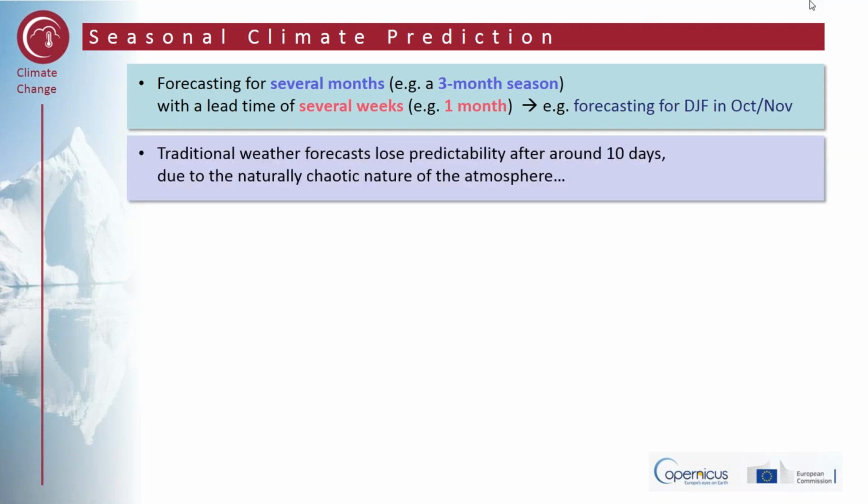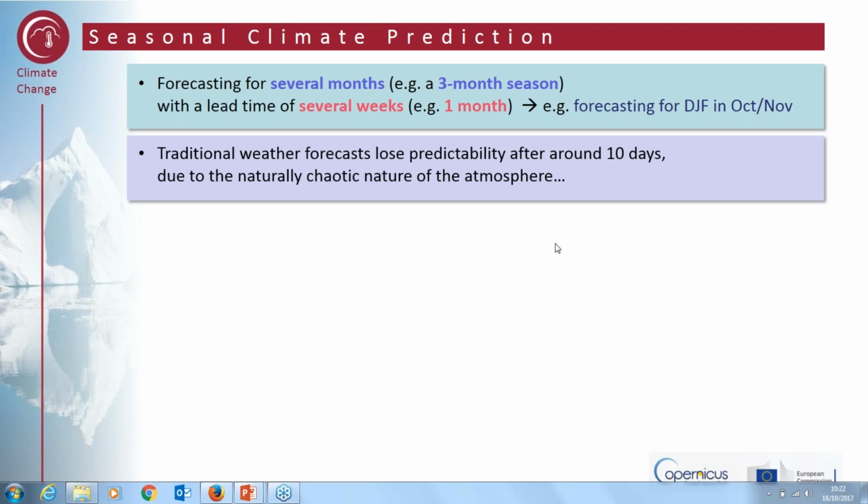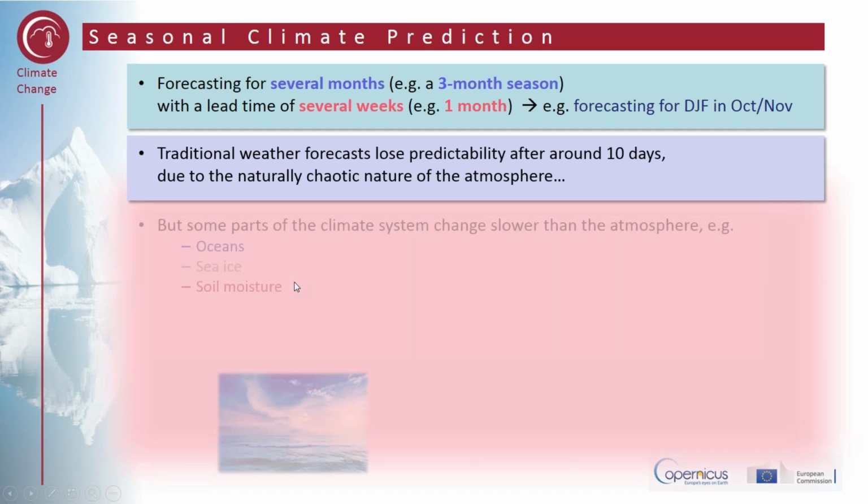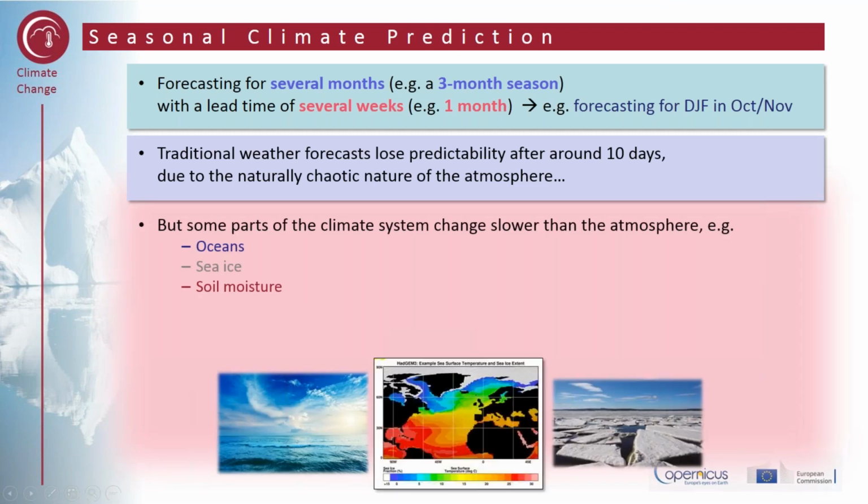So obviously traditional weather forecasts lose their predictability after about 10 days, just because the atmosphere is naturally very chaotic. How seasonal forecasts work is that some of the climate system components change slower than the atmosphere does. So things like the oceans, sea ice, soil moisture all change much more slowly.